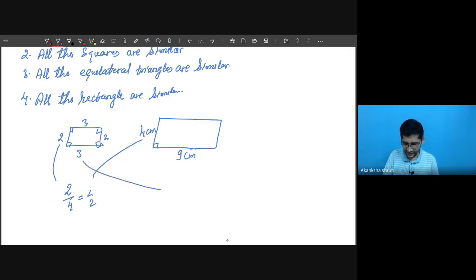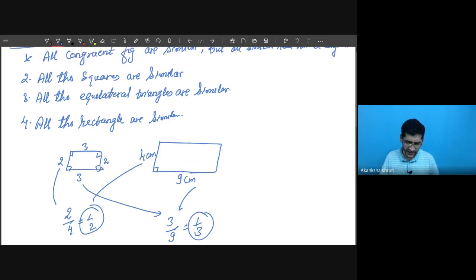But if you take this ratio, 3 by 9, it is 1 by 3. Are these two the same? No. So the ratios are not the same, so all the rectangles need not be similar.